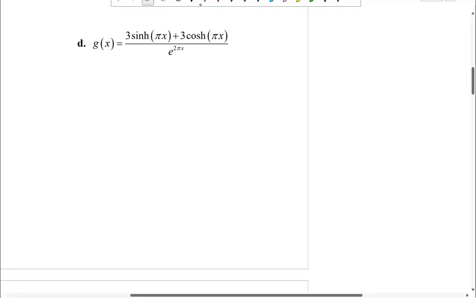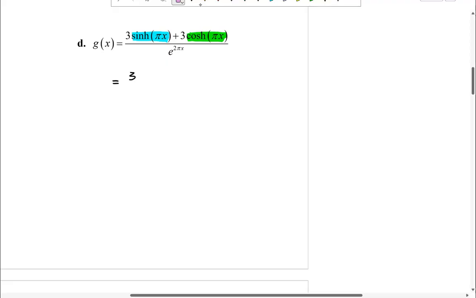Now, part D looks a little involved. The way it's written makes us think that we're going to need to use a quotient rule and a chain rule. And we could do it that way, but let's try something a little different. Let's first notice that we have hyperbolic sine of pi x, but we also have hyperbolic cosine of pi x. So looking at the top of the page where we have the definitions of hyperbolic sine and hyperbolic cosine, let's see what happens when we rewrite this function using those definitions.